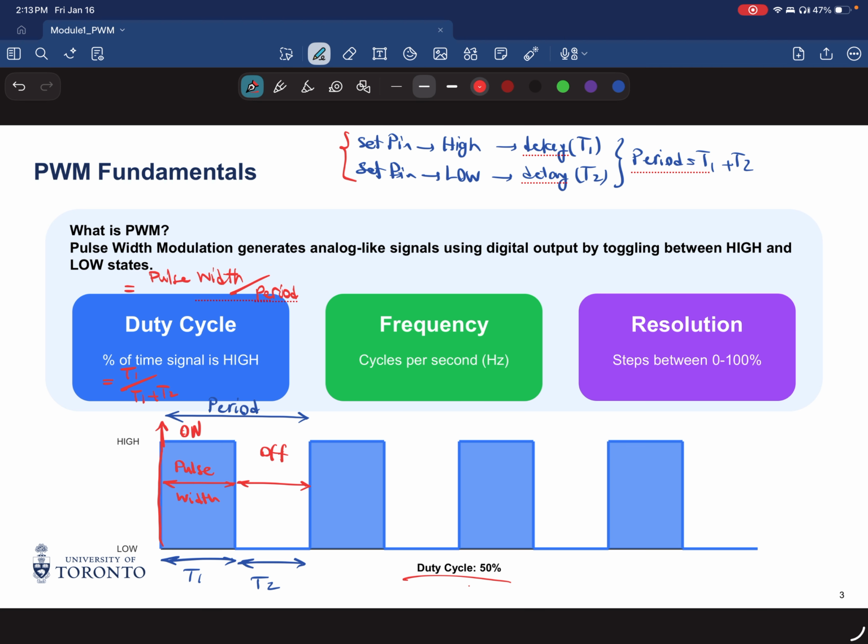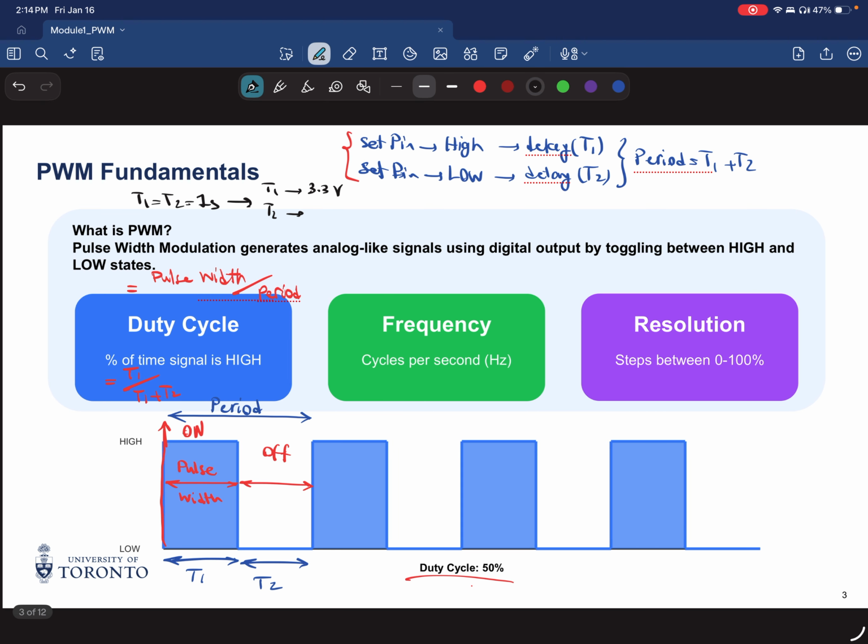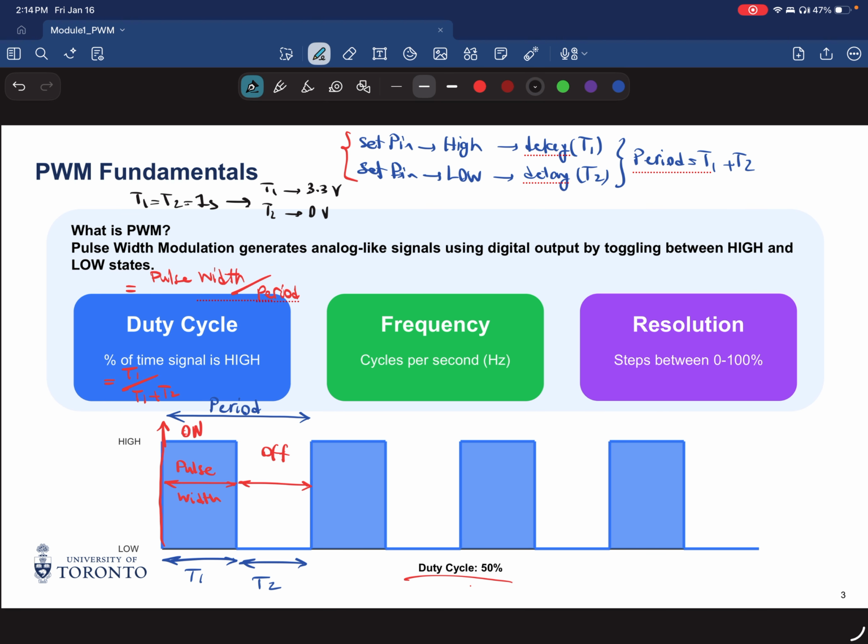Yes, that's absolutely fine. If our T1 and T2 were 1 second, then this signal wouldn't look like an analog signal, analog voltage. In fact, for T1 time it looks like 0 volt, and T2 time it looks like 3.3 volt going through, and then 0 volt.